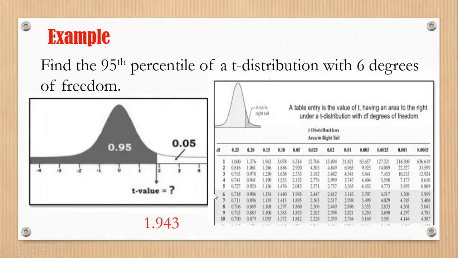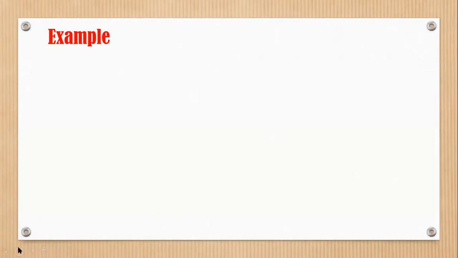We need to look for degrees of freedom. It's already given, not the sample size. It's direct that the degrees of freedom is 6. So the intersection of 6, the degrees of freedom, and 0.05, this one, is 1.943. So it's easy to look for in the table, right? Okay, let's have the next slide.